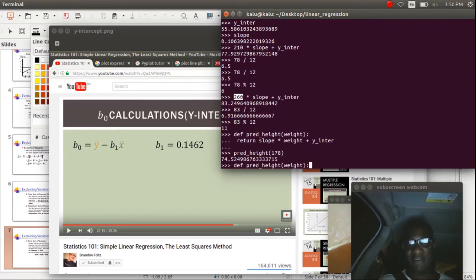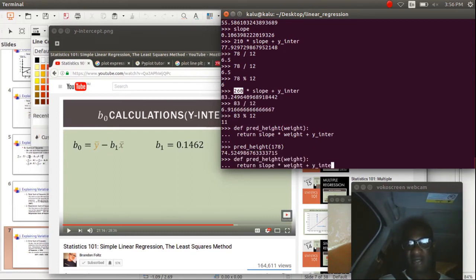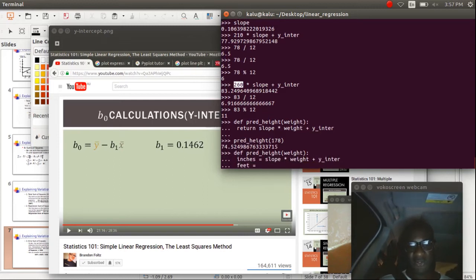Why don't we write that function a little bit better? Why don't we say inches equals slope times weight plus y-intercept, and then feet equals the integer of inches divided by 12.